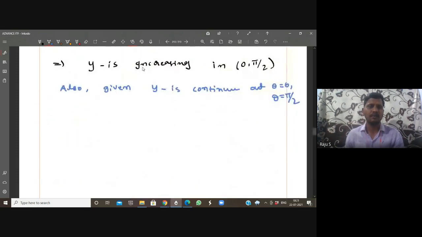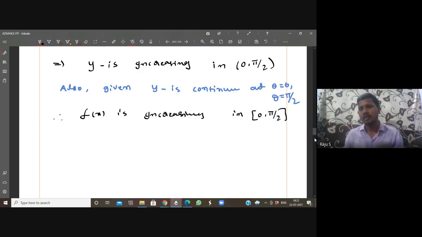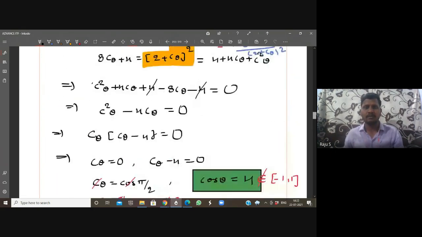Therefore, finally we can write, hence f of x is increasing in 0 to pi by 2. At the endpoints it is also continuous, since it is a finite value, not infinite. So like that we have to write.